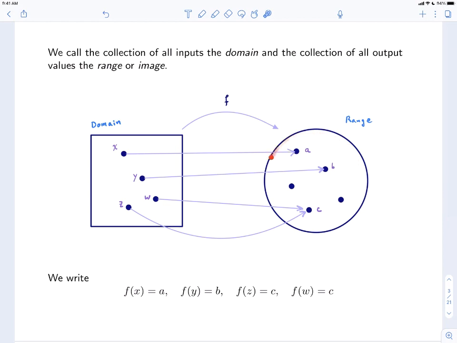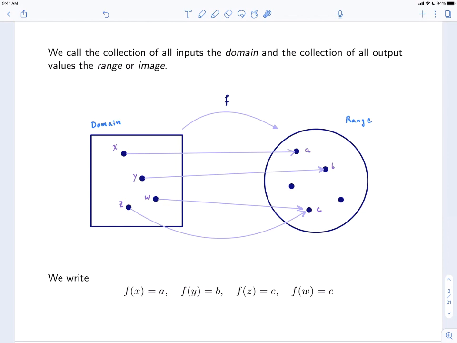This set over here, the collection of all of these points, is known as the codomain, but the range is just the collection of actual images, the things that are actually achieved as a result of the function sending something from the domain over to the range. So if some points are left out, that's fine. And it's also okay that w and z get sent to the same point.